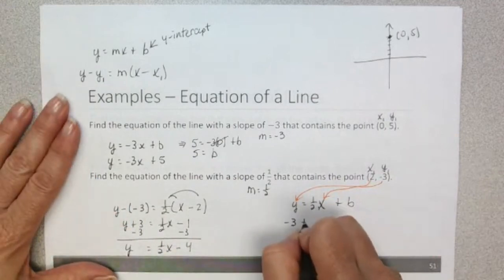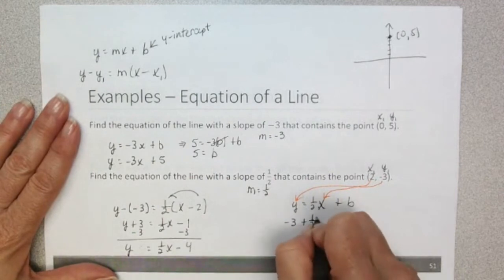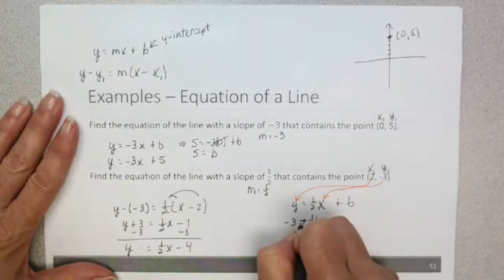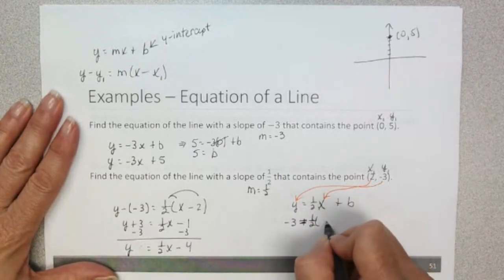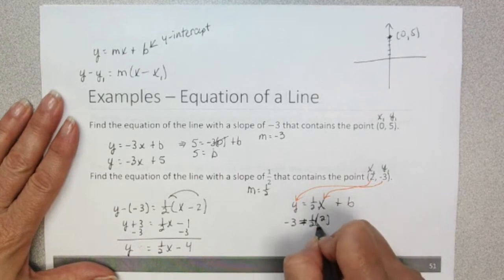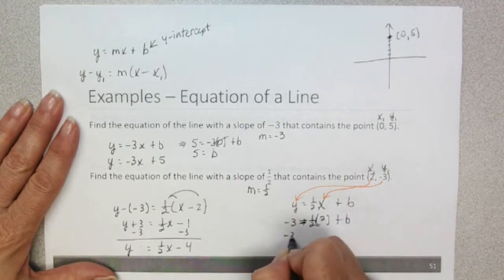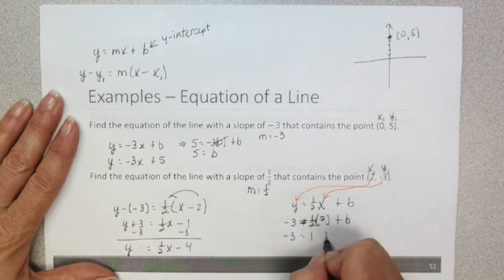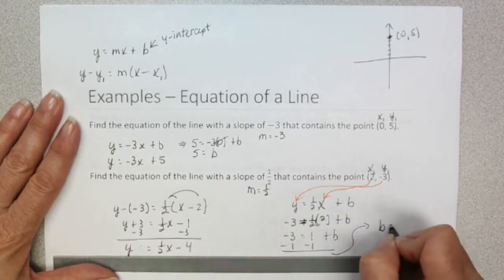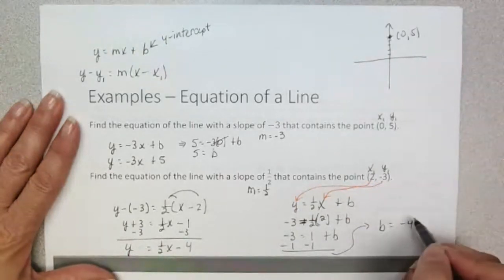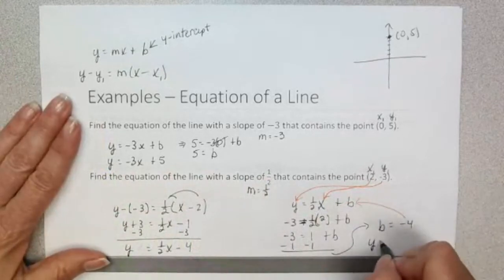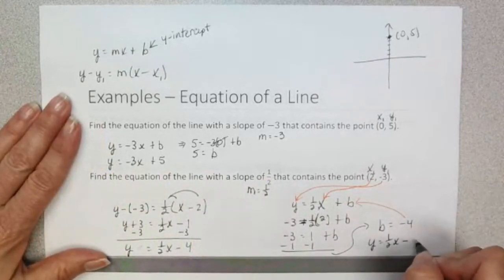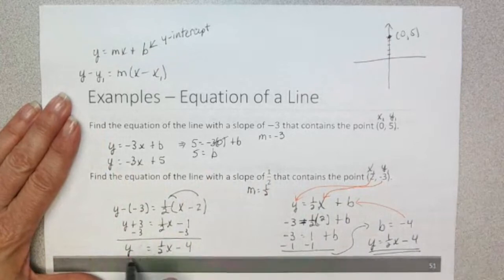So negative 3 equals 1/2 times 2 plus b. Negative 3 equals 1/2 times 2, which is just 1, plus b. When I subtract that 1 from both sides, I see that b equals negative 4. I can then just substitute that back into my equation, and y equals 1/2 x minus 4. Same equation.